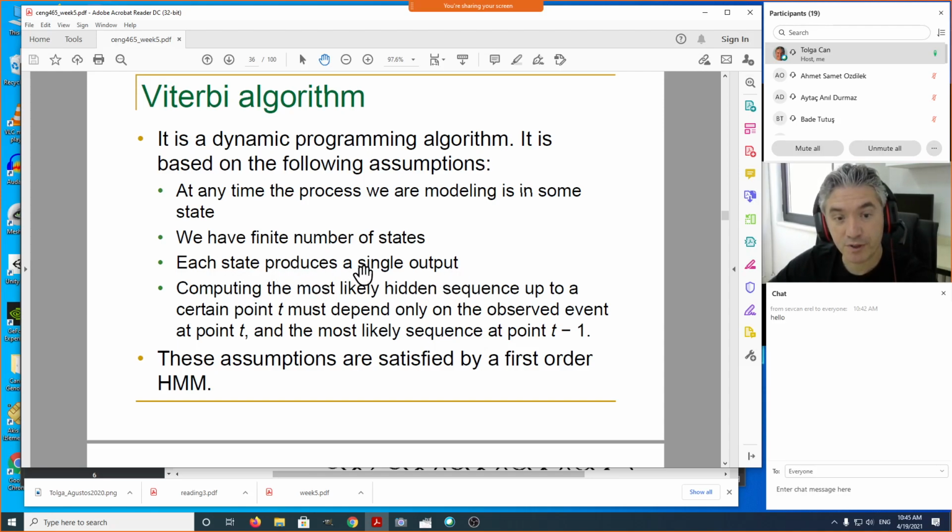Each state produces a single output. Some states produce no output, which may contradict this statement, but no output can also be considered a single output, or the gap itself can be considered a single output. But our outputs are not gaps here. The emitted symbols, we don't emit gaps.